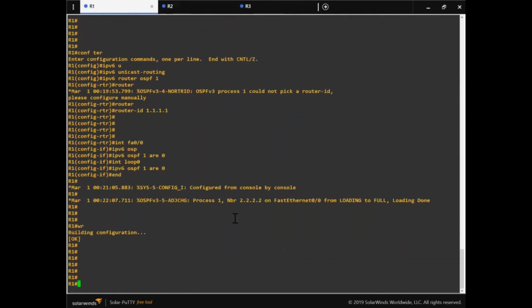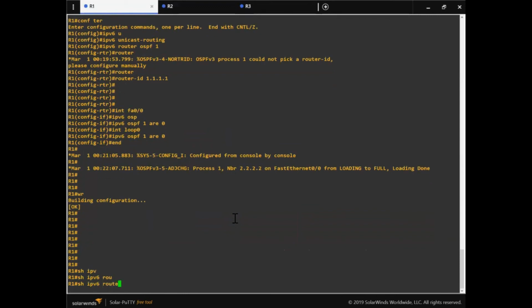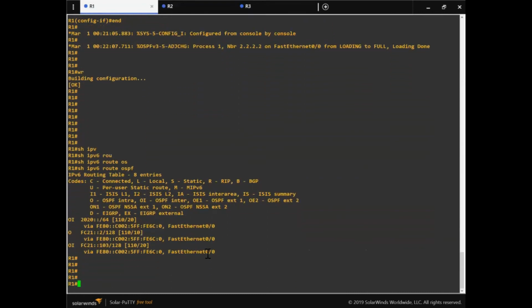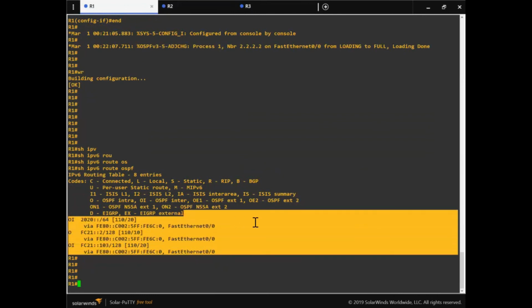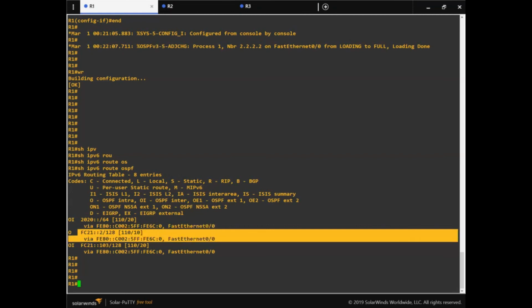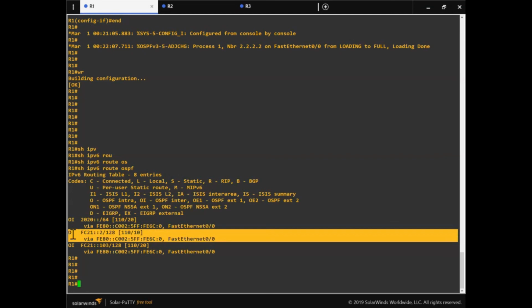If I go to R1 and check show IPv6 route under the OSPF, you can see that I am having routes from different locations. You can see FC21 from 2 is my O route because it was introduced for the loopback of router 2, and router 2 is in area 0, so it is coming with an O route.